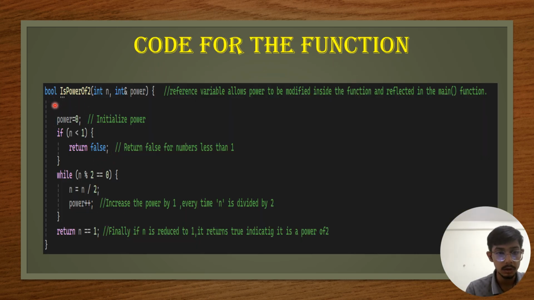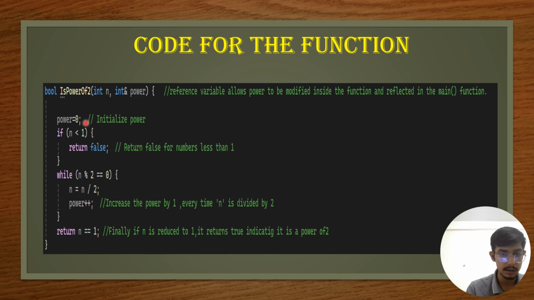So here it is for the function. We have used a boolean function which returns either true or false as the function output, named isPowerOf2, and declared int n and int power. As discussed earlier, reference variables allow power to be modified inside the function and reflected in the main function directly. So when we use power again in the main function, it takes the value of power using its address.